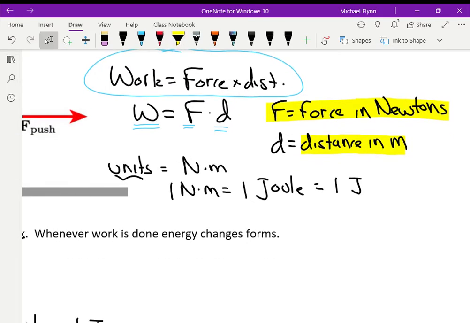And the units of work then would be newtons times meters. But again, we named this one after another scientist called James Joule. And 1 newton times 1 meter is 1 joule of work, okay? And by the way, that'll cost you 1 joule of energy as well, okay?